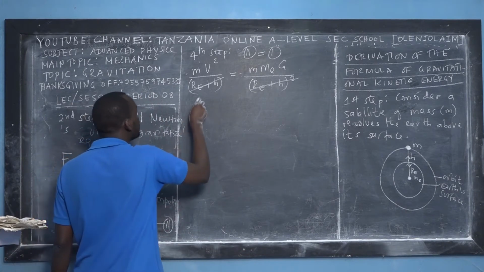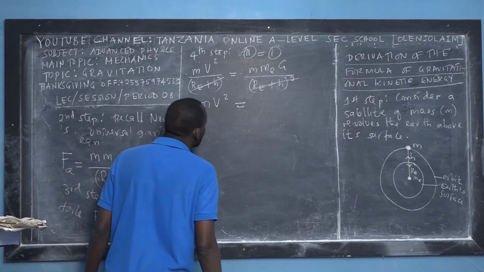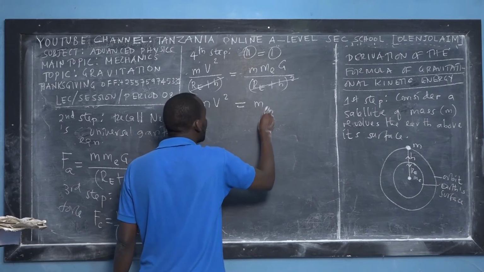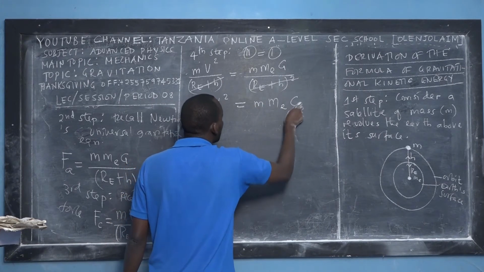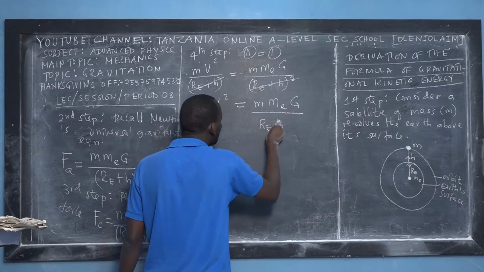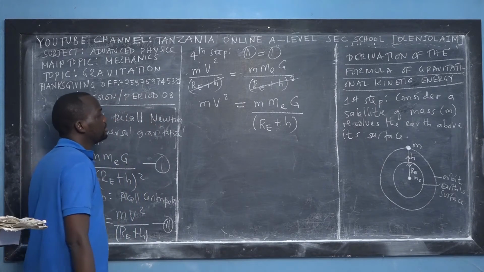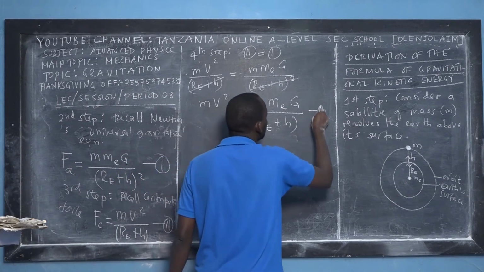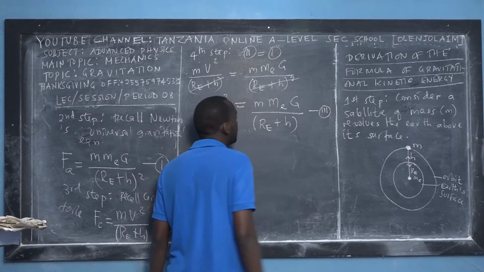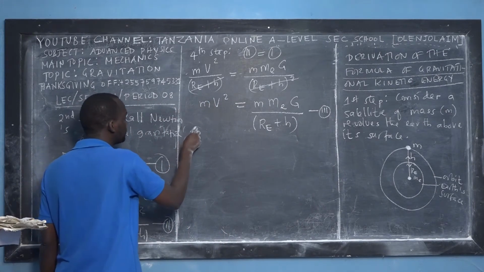On the left hand side we have mass of the satellite times the square of the velocity of the satellite, equal to mass of the satellite times mass of the S times the universal gravitational constant, over the radius of the S plus the height h. This is the third equation.